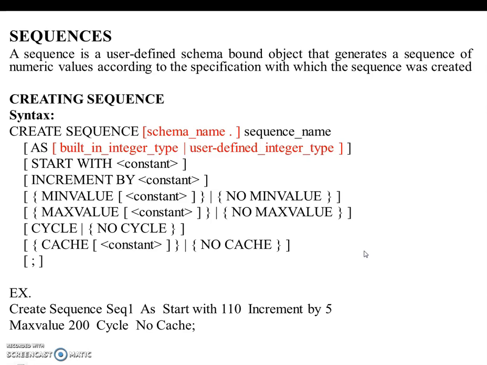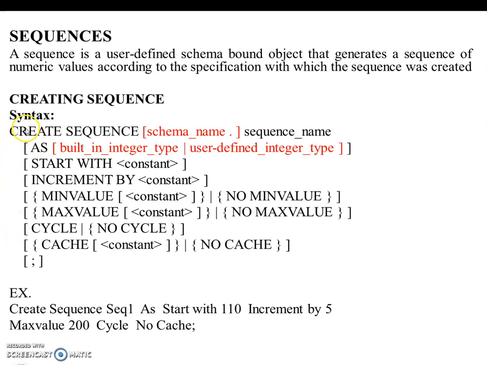Okay, so let us go to the syntax for creating a sequence. Within this syntax, what is shown by the red line is not important, that is the optional part. The create sequence syntax has the following important keywords.